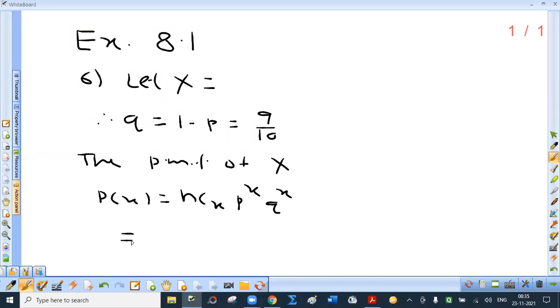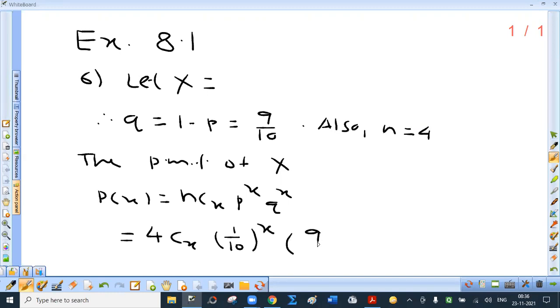N is nothing but 4, since 4 balls are drawn, right? So this is 4CX 1 upon 10 raised to X, 9 upon 10 raised to 4 minus X, where X assumes values from 0 to 4.